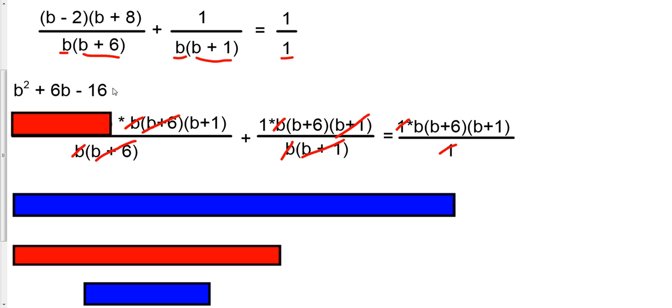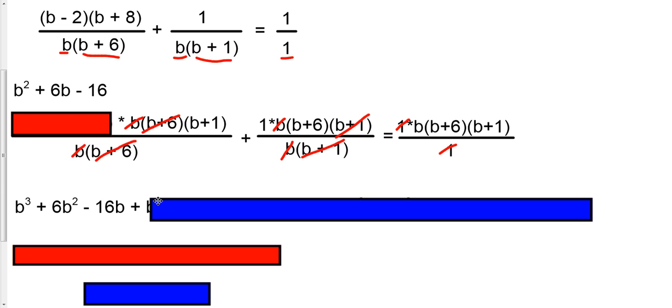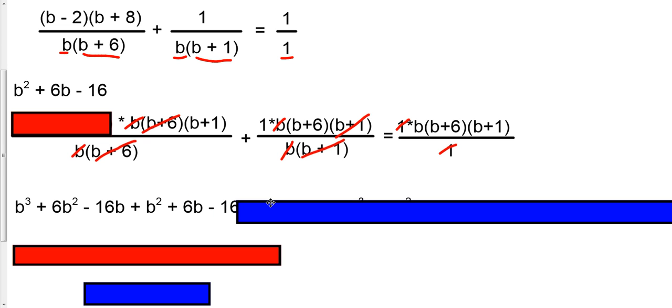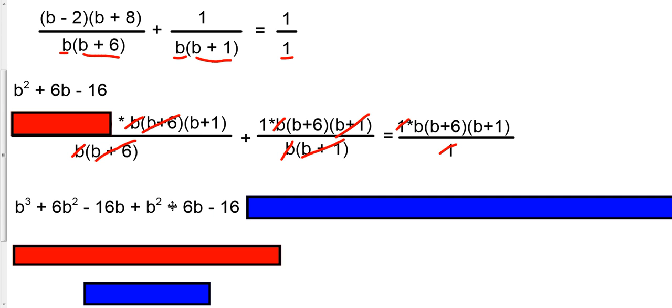We're still multiplying that by this b plus 1. So when we distribute b times each of these things, it'll look something like this: b cubed plus 6b squared minus 16b. When we distribute 1 times each of these, it'll look like this: b squared plus 6b minus 16. That takes care of our first term.